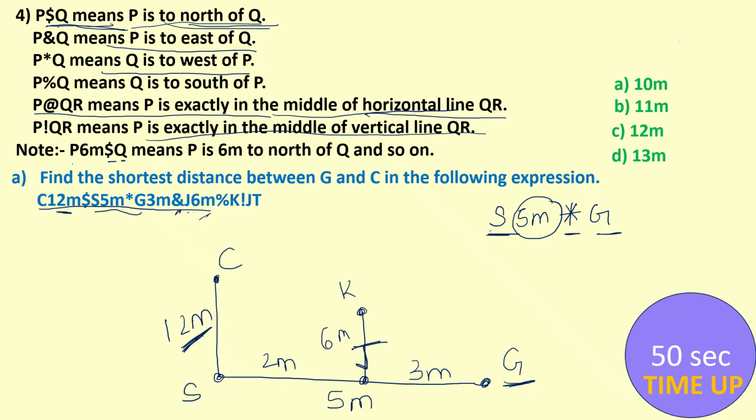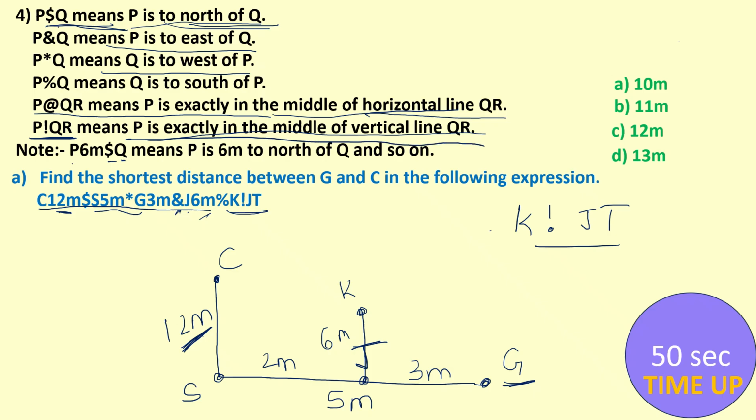Next what they have said is the expression K explanation mark JT. So here they have said, see P explanation mark QR means P is exactly in the middle of vertical line of QR.